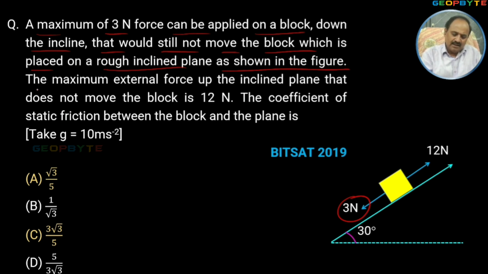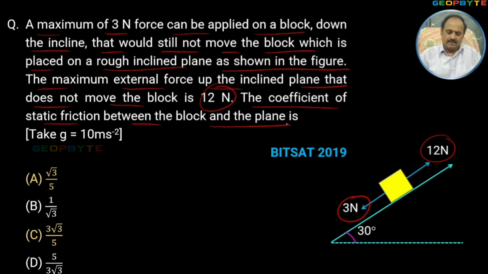Similarly, the maximum external force up the inclined plane that does not move the block is 12 newtons. Then you are asked to decide the coefficient of static friction between the block and the plane. It is given g equal to 10 meter per second square.